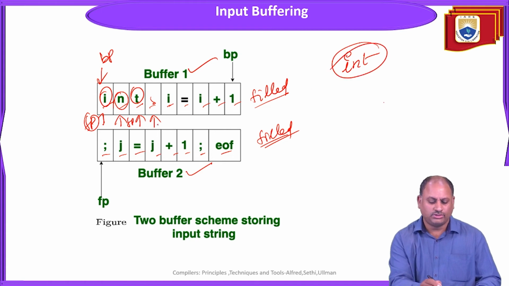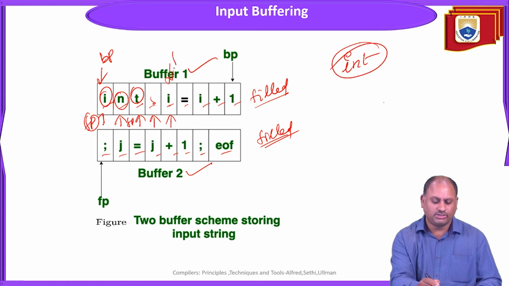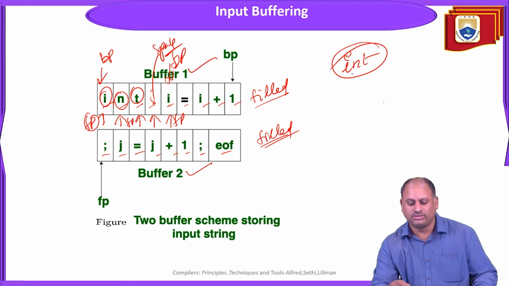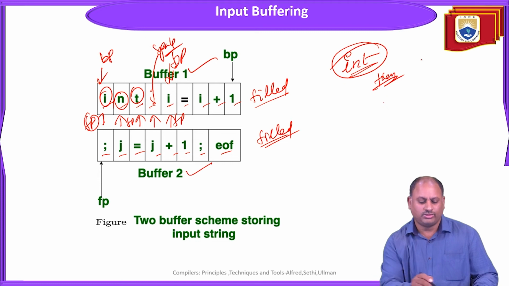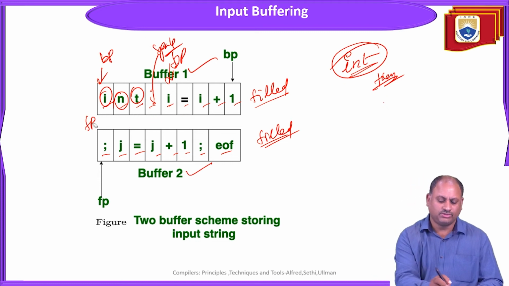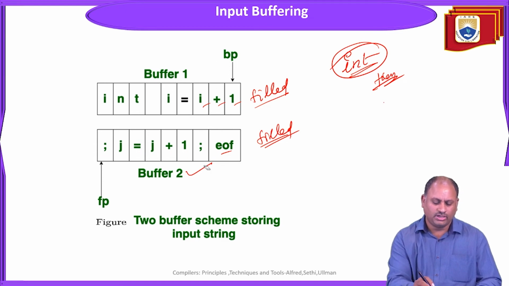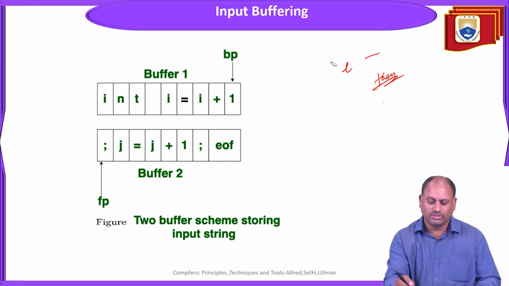Then both the pointers are kept at this place, the beginning pointer and the forward pointer. Whenever a space is encountered, we automatically recognize this token. This is a valid token, an identifier, and then both the pointers move on. So in this procedure, buffer 1 contents are filled, buffer 2 contents are filled, then we override the existing contents of buffer 1 and then move to the second buffer.